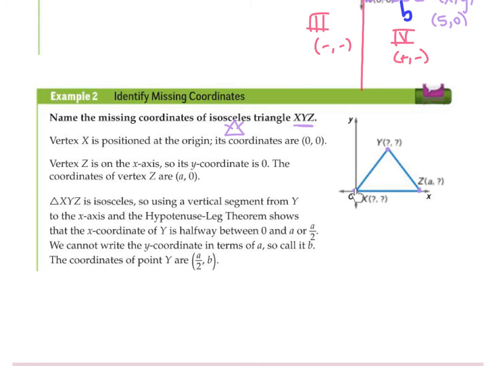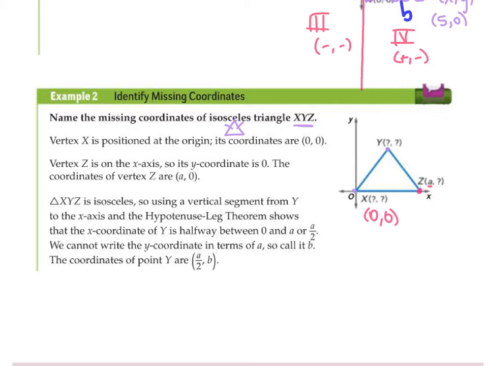Remember, we were asked always to put our triangles either with a vertex on the origin or the very middle at the origin. So X right here, being at the origin, is going to be 0, 0, because remember, origin is 0, 0. Looking at vertex Z, we have it as A units long.